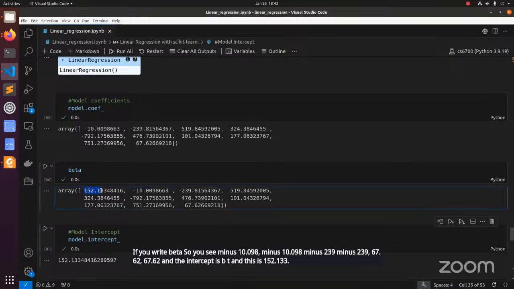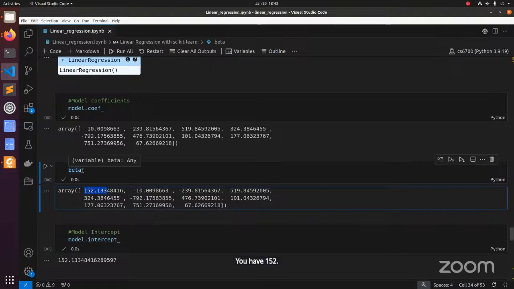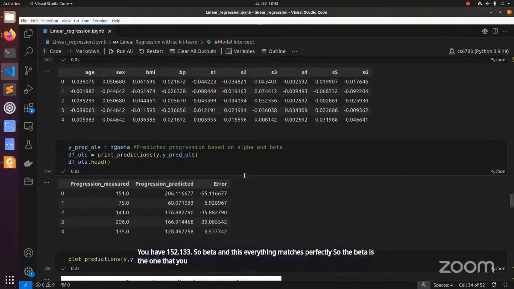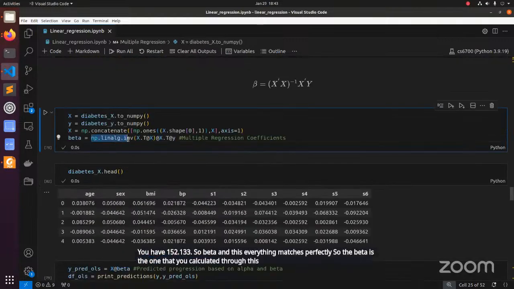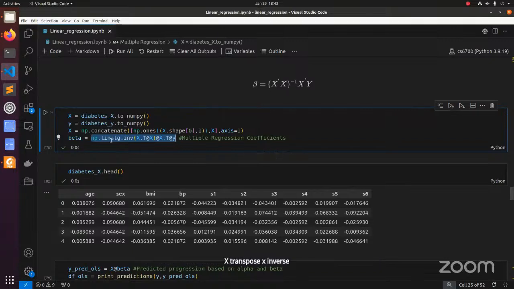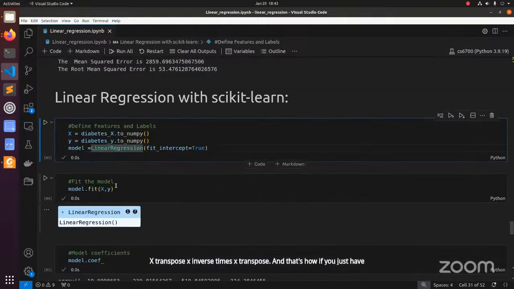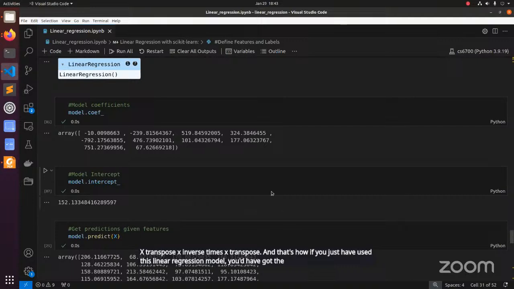So beta and everything matches perfectly. So the beta is the one that you calculated through this equation, x transpose x inverse times x transpose, and if you had just used this linear regression model, you'd have got the same information.